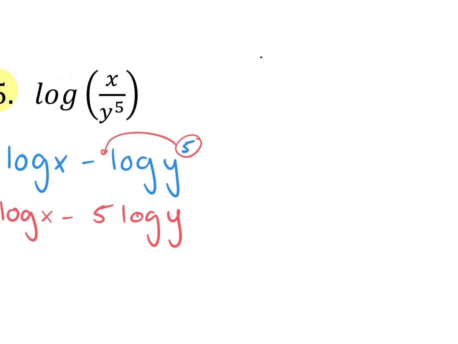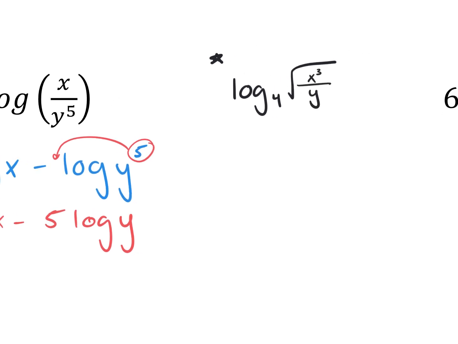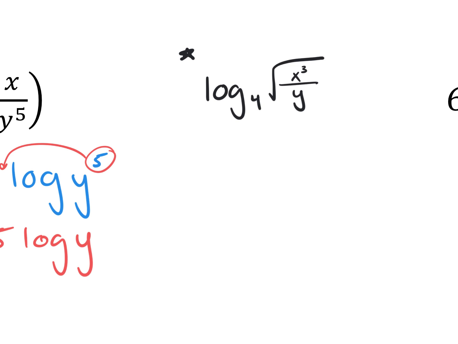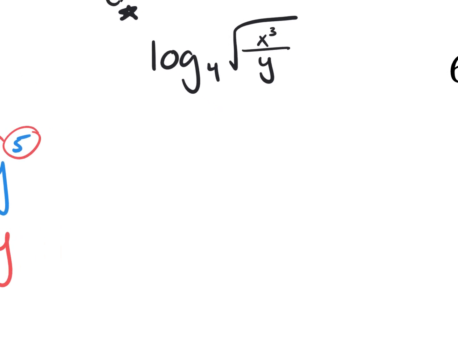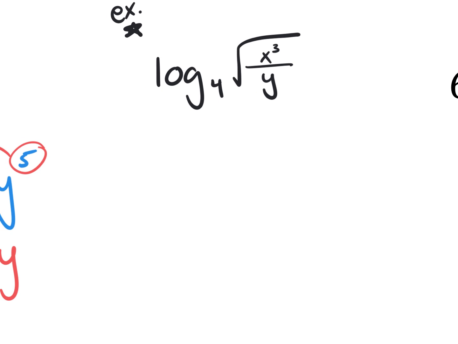I'm going to do a bonus question here too. Let's say I had log base 4 of the square root of, let's say, x to the 3rd power over y. So this is just an extra example. What would I do here?